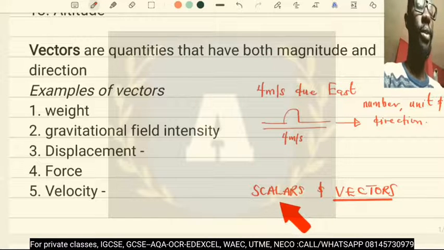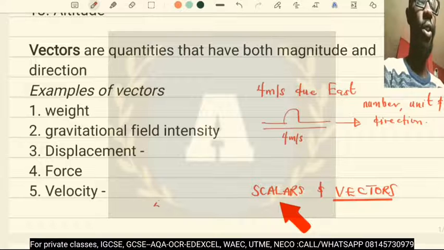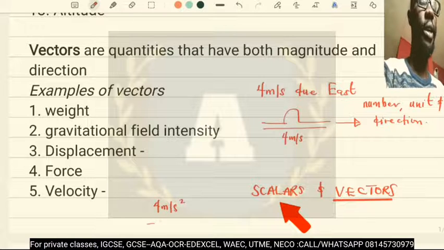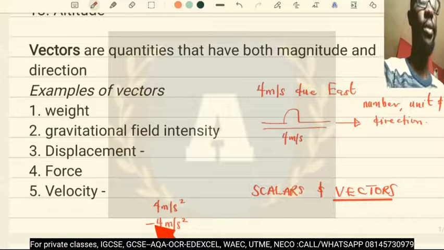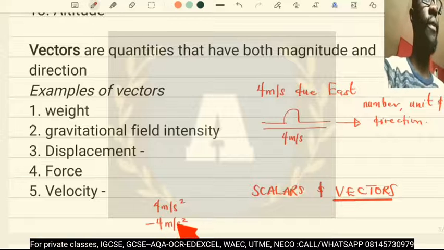We can have acceleration, which can be 4 meters per second squared, and at the same time the opposite form of it, deceleration, which is minus 4 meters per second squared. So acceleration can have negative, and as a result, we say it is a vector quantity.